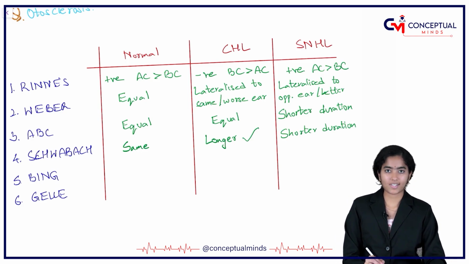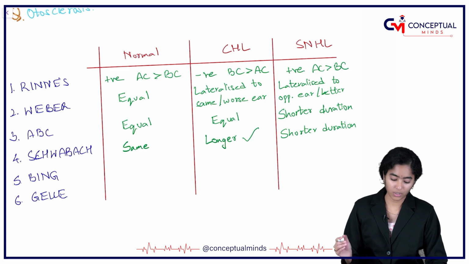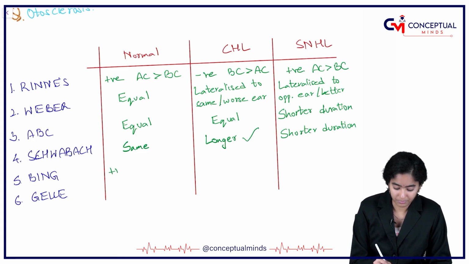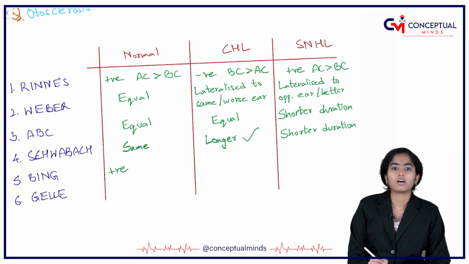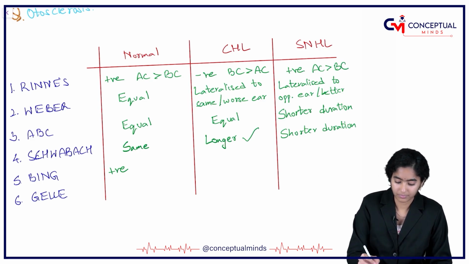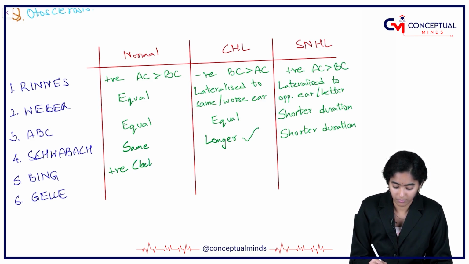Then in Bing's test, where the effect of occlusion of the ear canal is checked, on a normal person Bing's is positive. That is, the patient hears better when the external auditory canal is occluded.